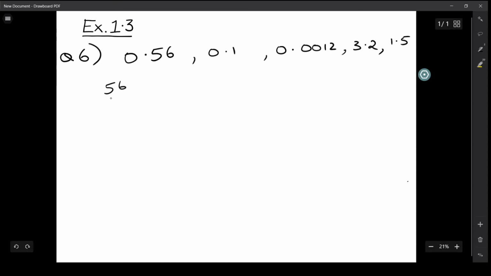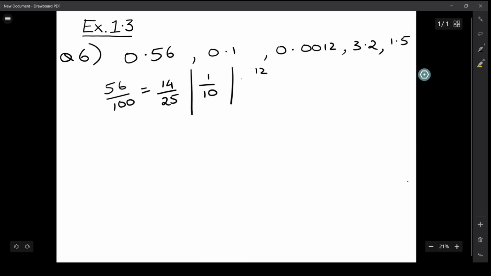So the first one is clearly 56 by 100. In its simplest form, we divide numerator and denominator by the number 4 and we get 14 by 25. The next one, 1 by 10.